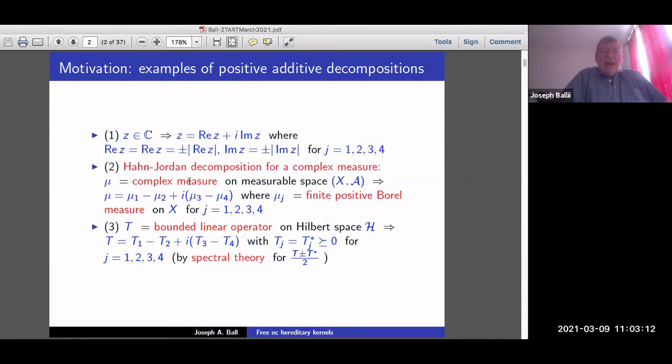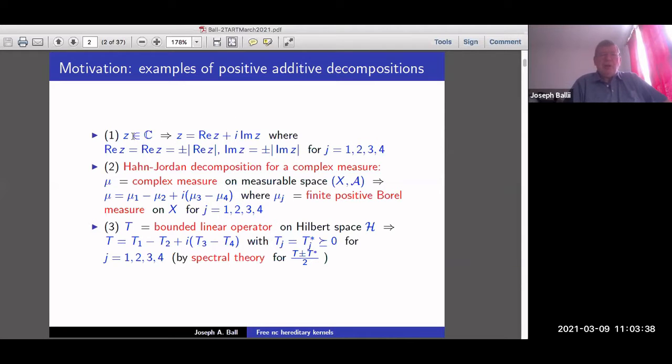So the motivation, the first case is embarrassingly elementary. You take a complex number, you can write it as a real and imaginary part, which are real numbers, and a real number is either positive or -1 times a positive, so that gives you an additive decomposition into positives.